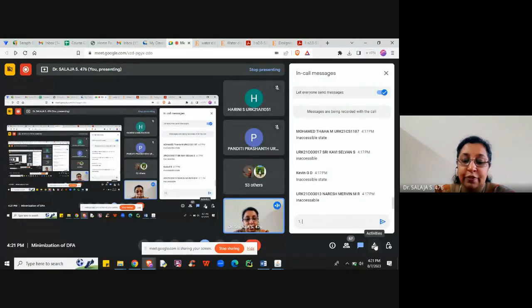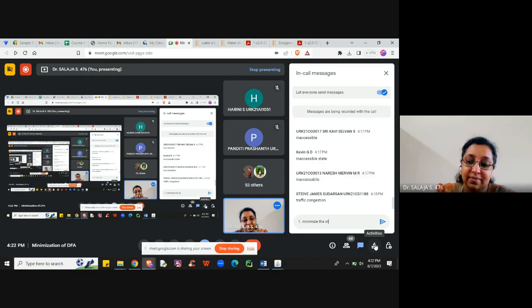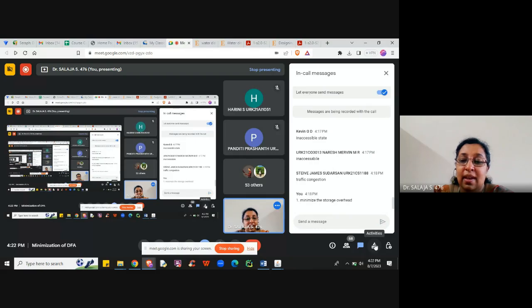Okay. The first one is to minimize the storage overhead. And the second one is to increase the processing time. Fine.